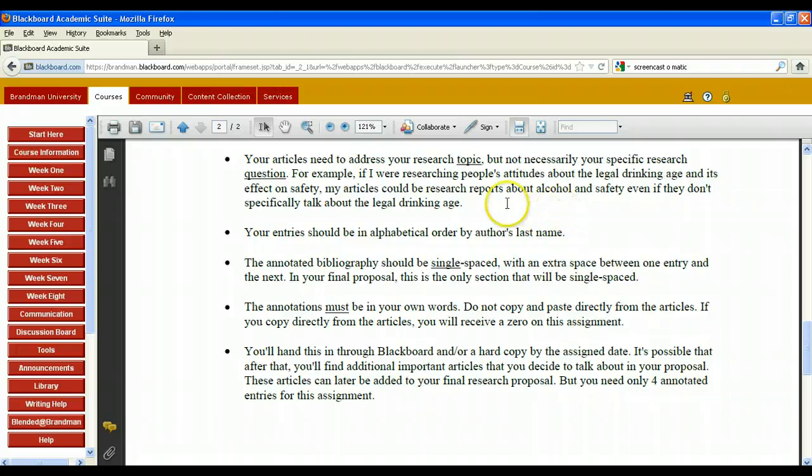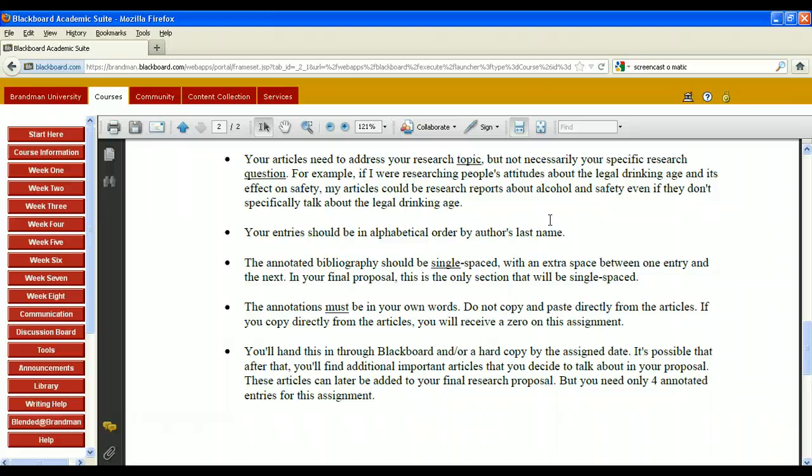For example, if I were researching people's attitudes about the legal drinking age and its effect on safety, my articles could be research reports about alcohol and safety, even if they don't specifically talk about the legal drinking age. It's related enough to evaluate in terms of your research question.